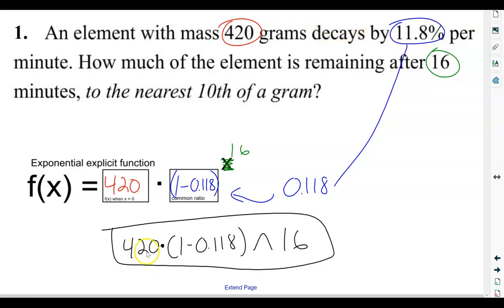So we're going to type 420 times, open parentheses, 1 minus 0.118, close parentheses, raised to the 16th power. When you do that, you get a big decimal. We're going to round it to the tenth, so it's 56.3.